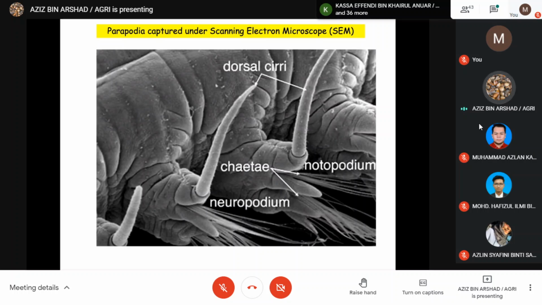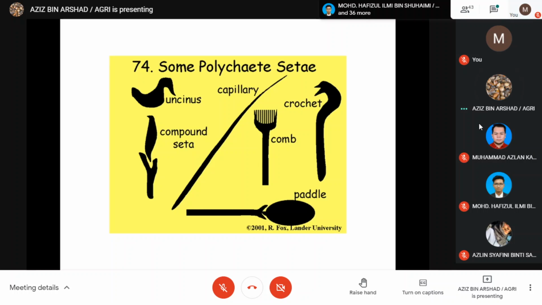Parapodia is used for locomotion, moving about from one place to another, and also for respiration. I said the polychaete setae are quite good characters that taxonomists use for the identification of genus and species, and these are some of the variations of the polychaete setae.